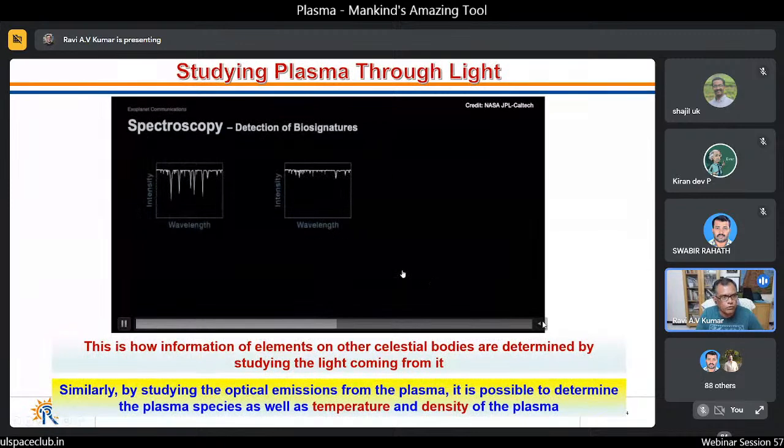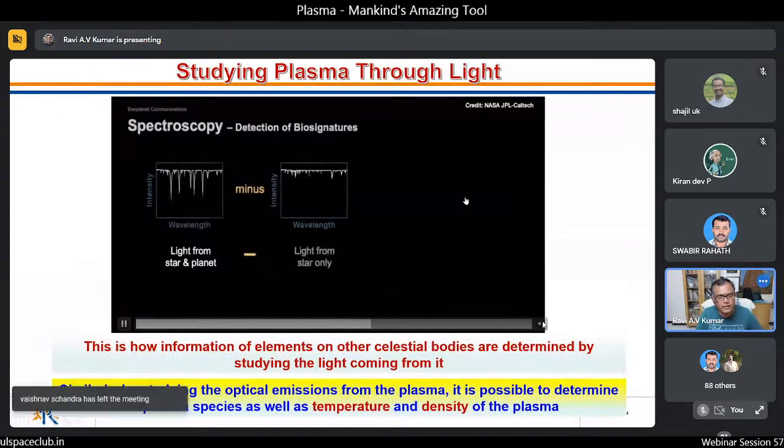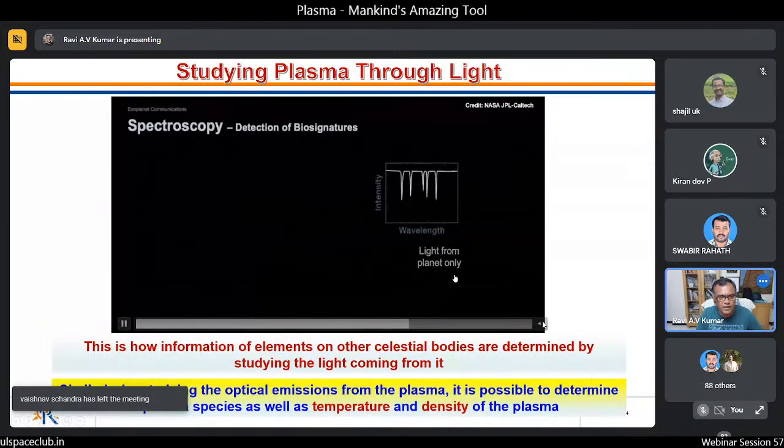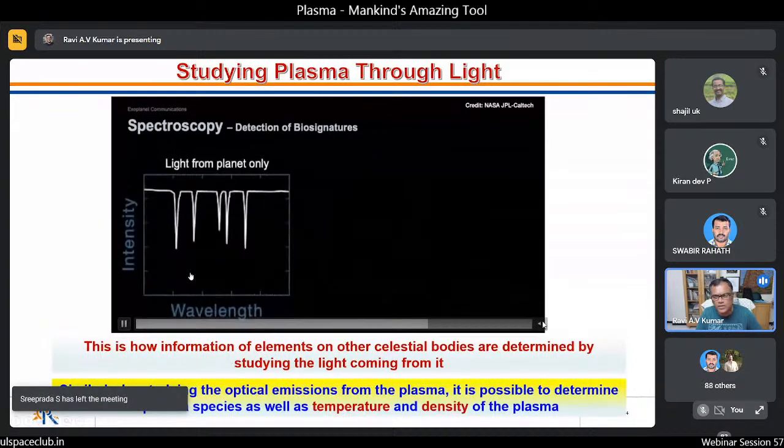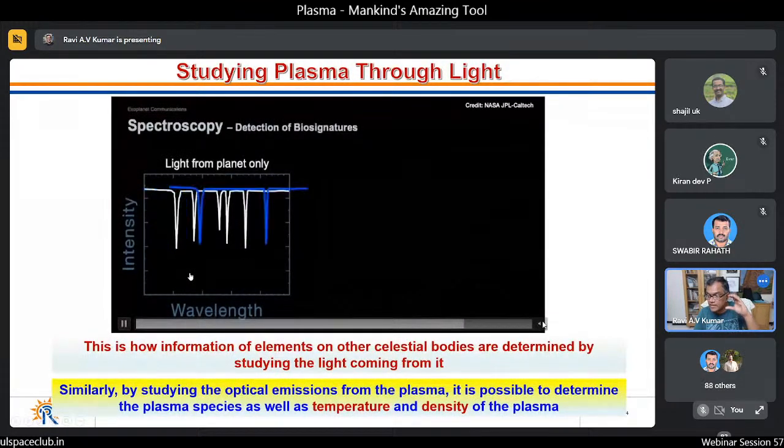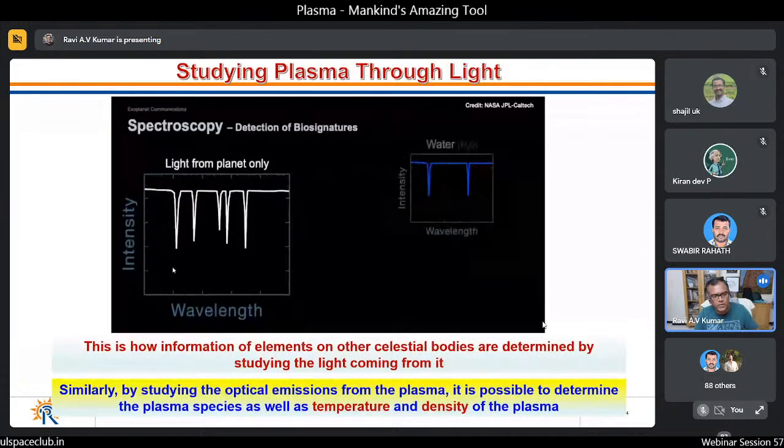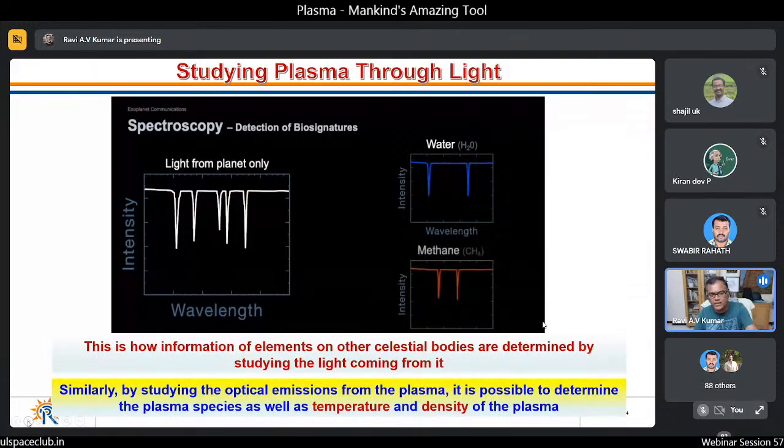If you combine these two, or subtract these two, you will get basically the spectrum of the elements present in that planet. This can be easily identified because every gas, every element has what is called a signature spectrum. From the signature spectrum, you can exactly identify what the gases are, and you can also look at the temperature of the gases there by using spectroscopy.